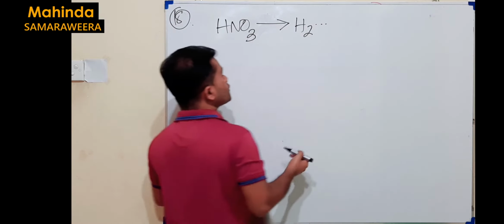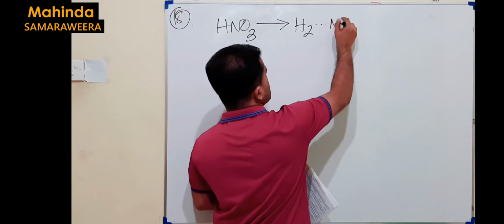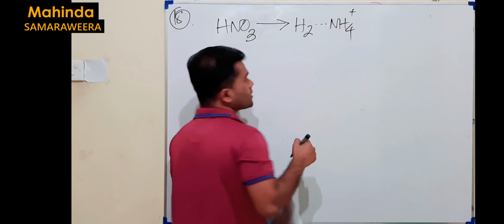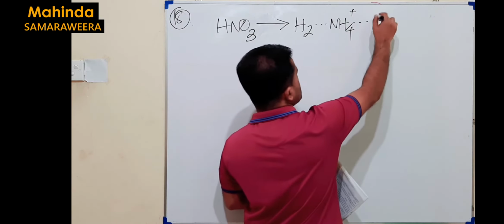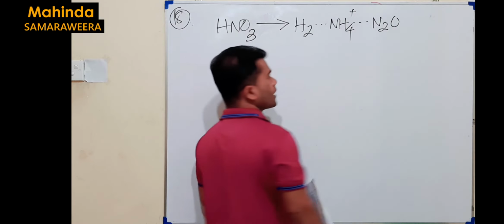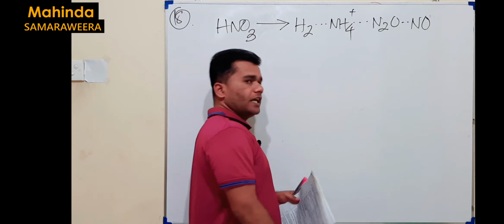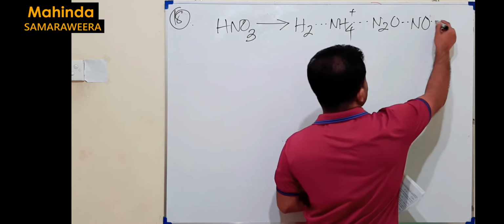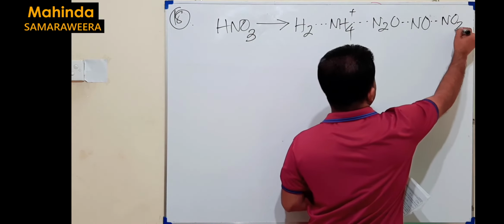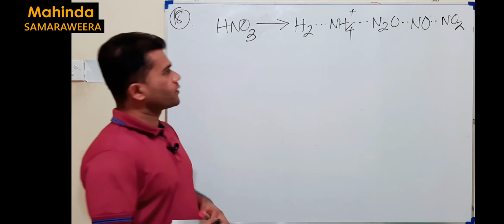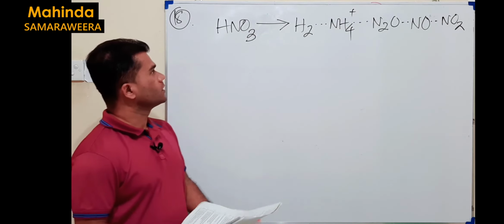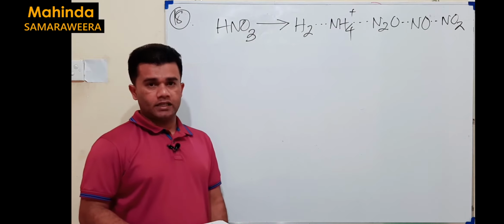Sometimes up to ammonia. Sometimes up to nitrous oxide. Sometimes up to NO, nitric oxide. Sometimes up to NO2. So we have several stages of reduction of nitric acid.